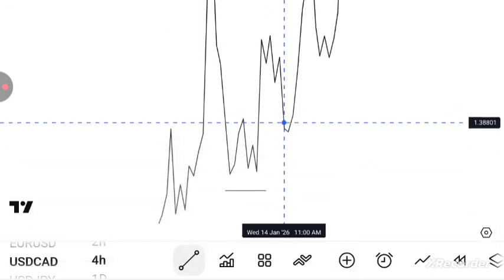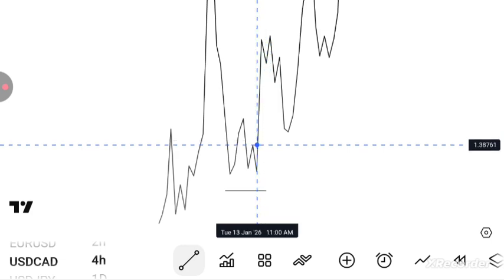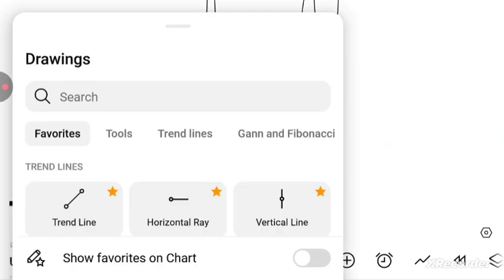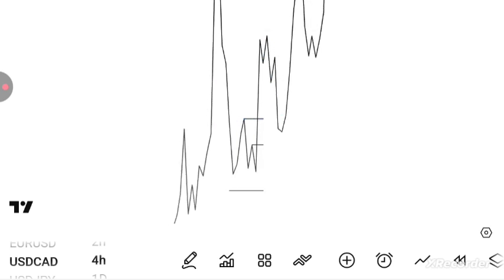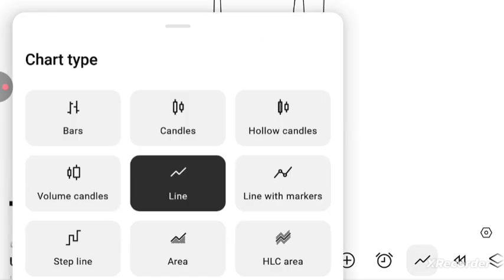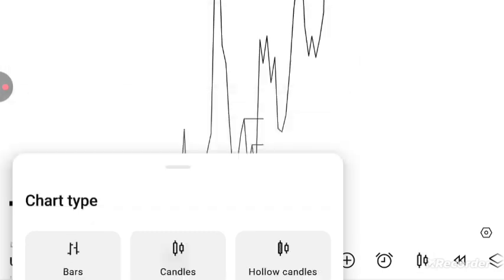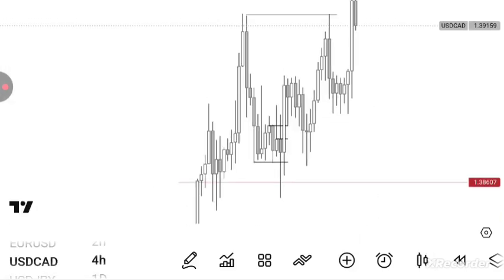Price first of all gave us this particular breakout here, then this break of structure. What's the use of break of structure? Break of structure is just to confirm that price is about to change its direction, right? Price is about to move from bearish to bullish, or from bullish to bearish.